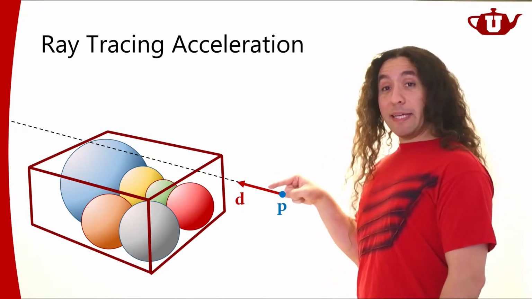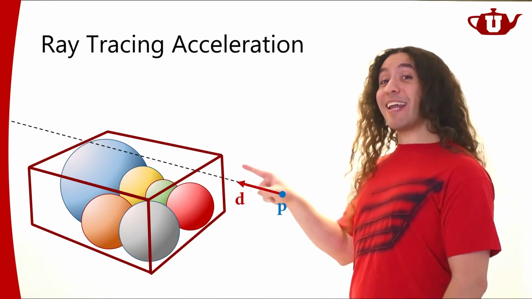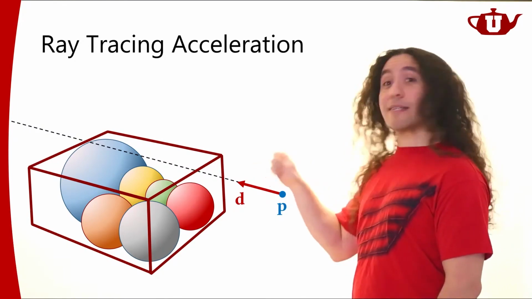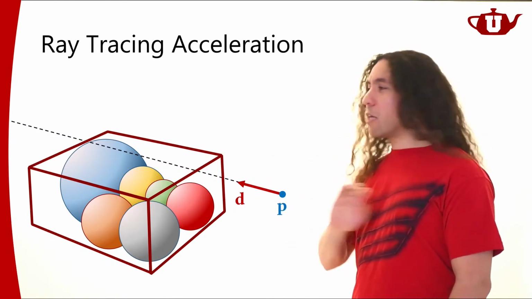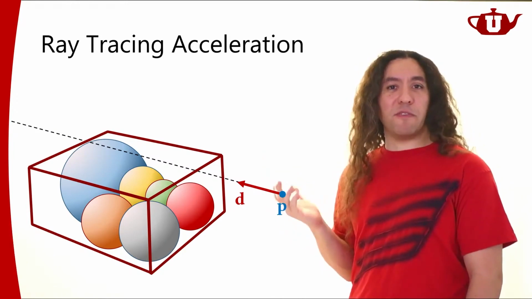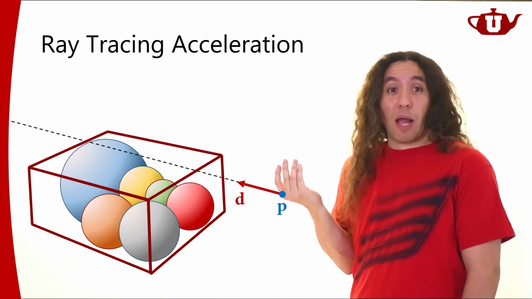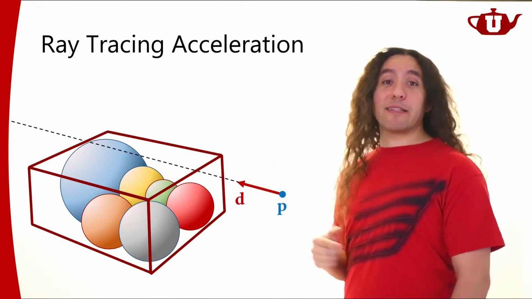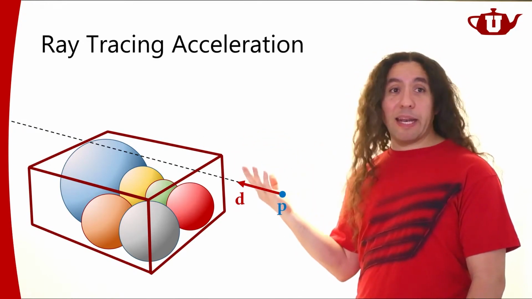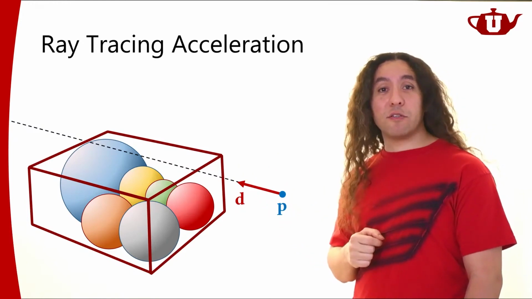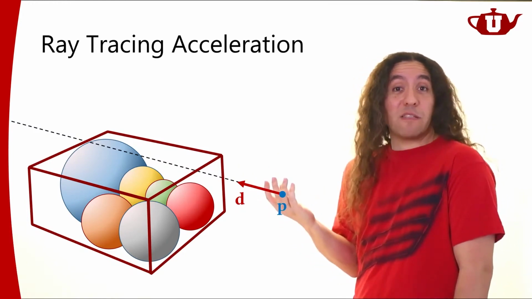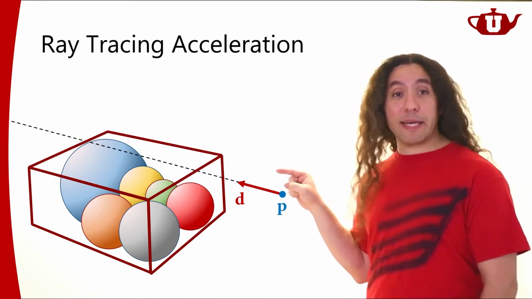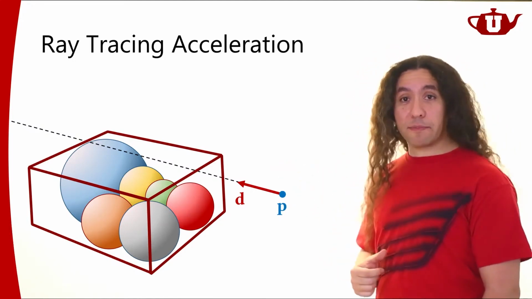If my ray does not intersect with the box, it cannot possibly intersect with any of the spheres, right? I mean, all my spheres are contained inside this box. So if the ray does not intersect the box, then it is not going to intersect with any of my spheres. This is the kind of shortcut that we're going to be using for accelerating ray tracing.